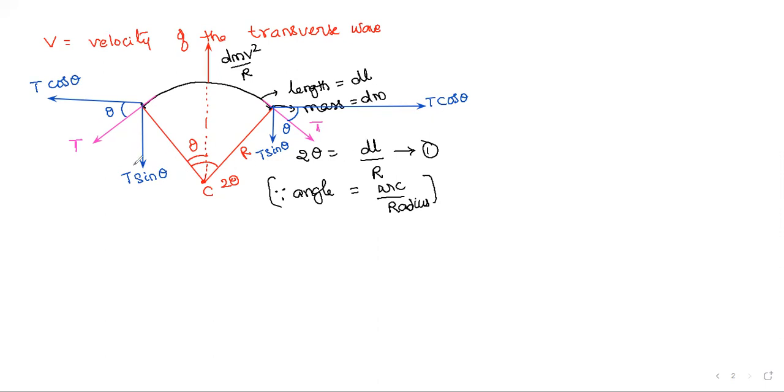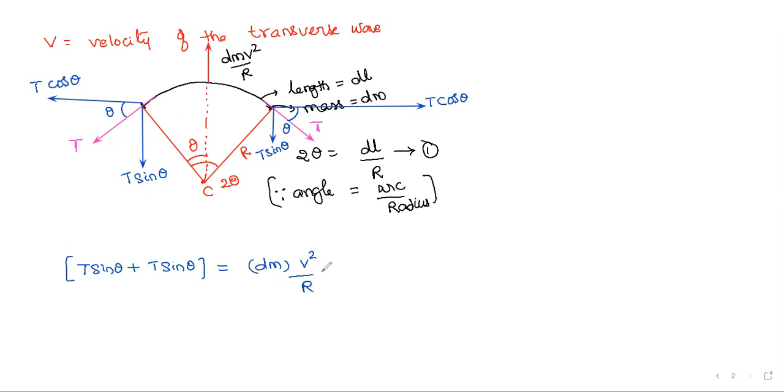Yes, but look at T sin theta, both are downwards, exactly opposite in direction to the centrifugal force. So for the small element, to balance the forces, I write T sin theta downwards and one more T sin theta downwards, the total downward force equals the upward force dm into v square by r.